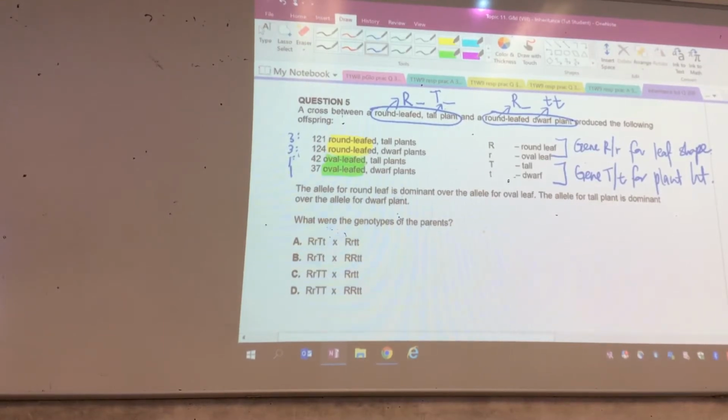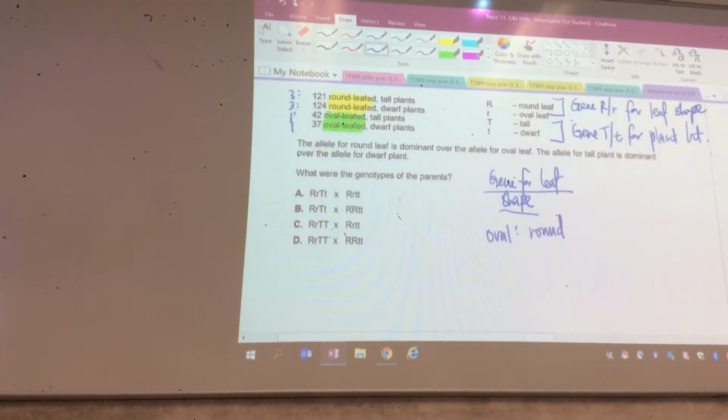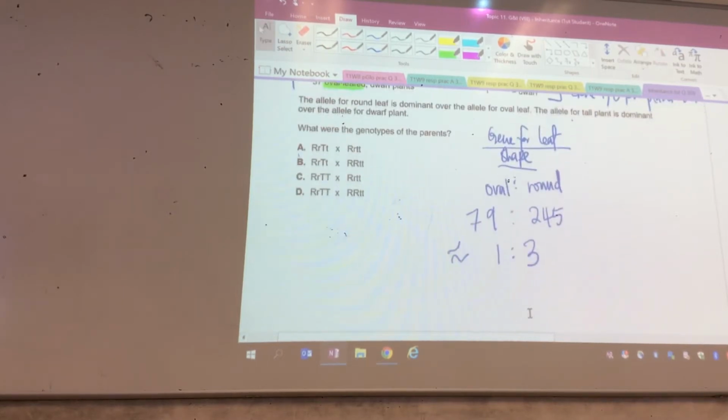So for the first gene locus, the gene for leaf shape, oval to round, if you add them together, you get about 79 to 245. So the ratio is approximately 1 to 3, or 3 to 1, whatever.